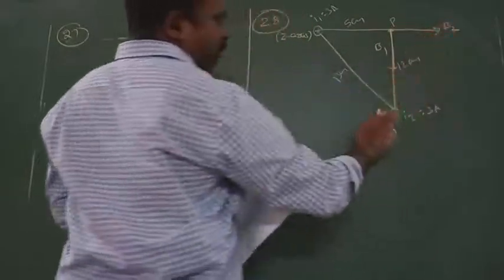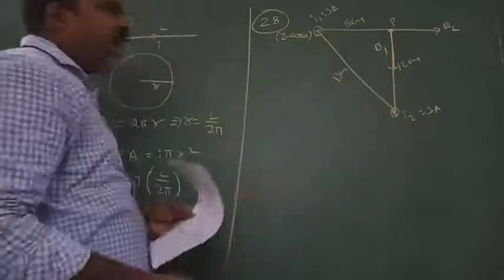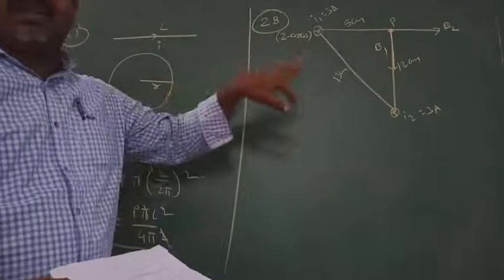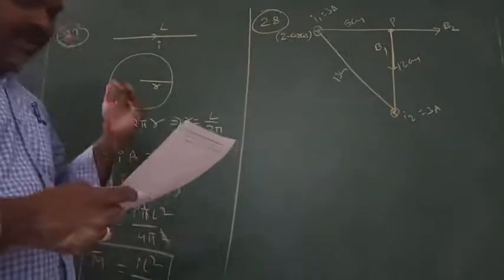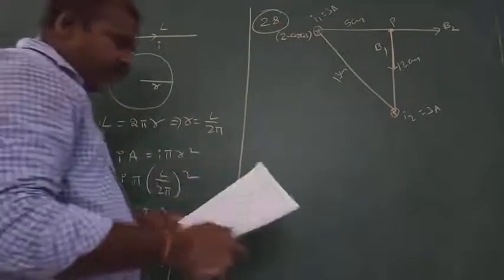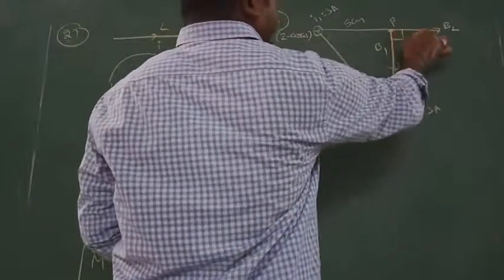This is B2 from the wire I2, and B1 is from the wire I1. Then find the magnitude of the resultant magnetic field at point P.